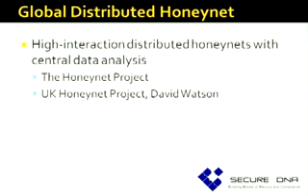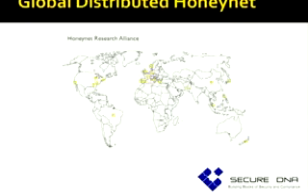This is new from the HoneyNet project, not yet released. It's called a global distributed HoneyNet. It's a bunch of high interaction honeynets spread out across the globe. What's unique here is that it's distributed and has a central repository. So it's pretty cool, one central database.